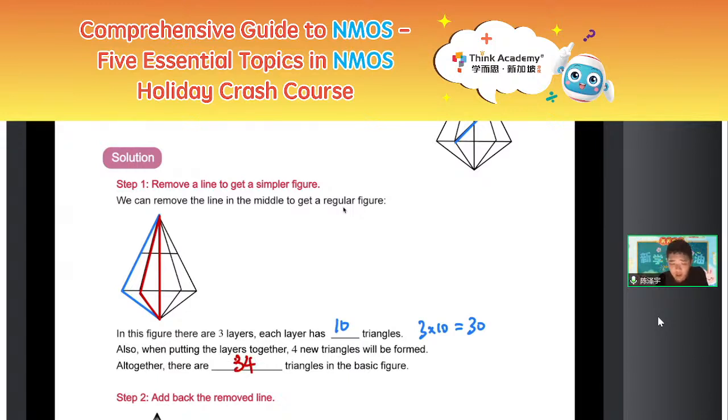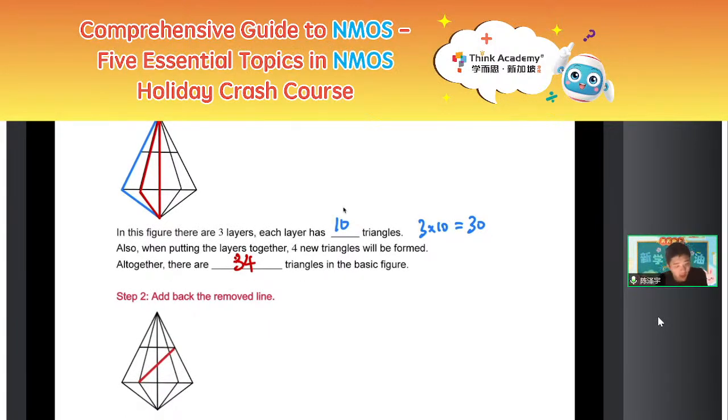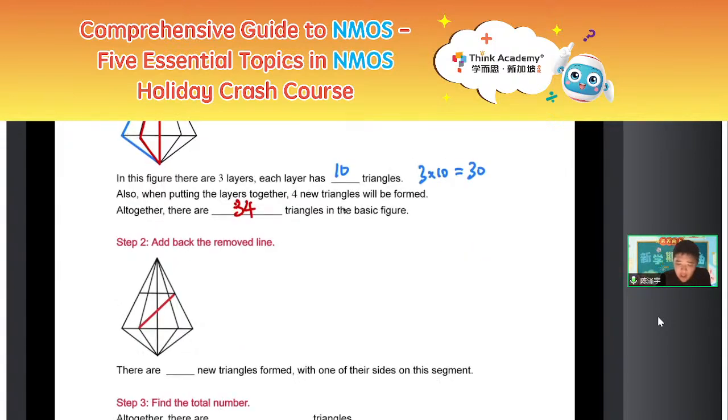Okay, now it's time to add back the removed line. What did I say about the removed line? Why are we having some extra triangles? Because we added a line back and all the new triangles will have this line as a side, right?